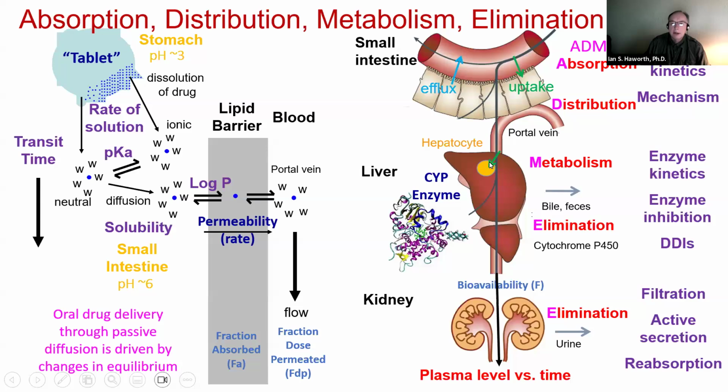And in those hepatocytes, it's going to encounter, amongst other things, CYP enzymes, the main metabolic route for most drugs. So that's the M in ADME, and that is going to lead to chemical change of the drug, metabolism, formation of metabolites that may be eliminated, and that's the E in ADME, may be eliminated through the bile or the feces, or may come back into the systemic circulation and be eliminated in the kidney.